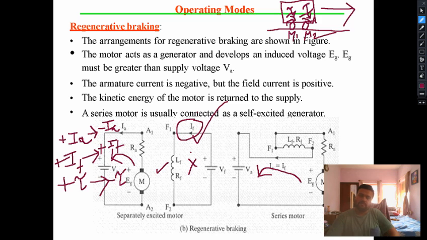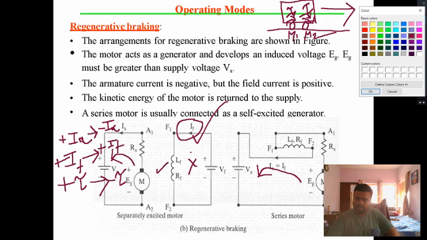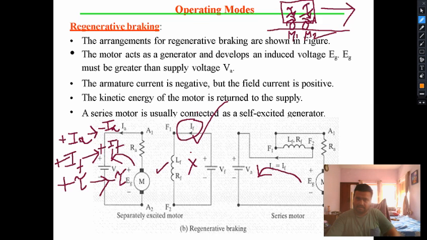But when the brakes are applied and the power is returned, the torque will shift from clockwise to anti-clockwise. So now the new direction of the torque is this particular direction.